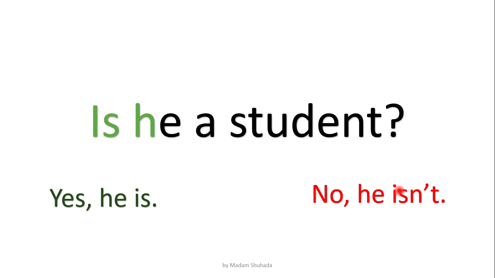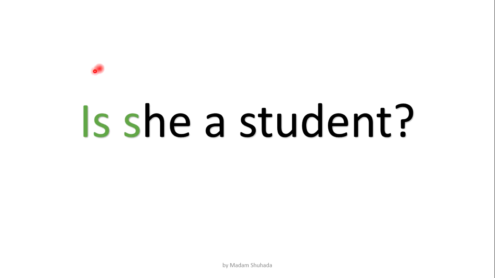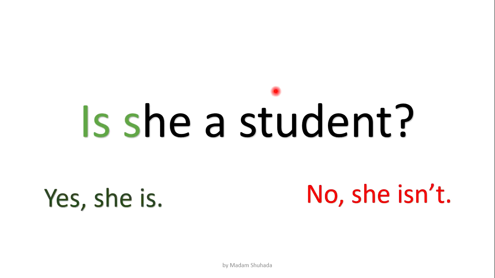No, he isn't. Again, we start with the be verb, is, followed by the subject and the condition. Is he a student? Is she a student? Yes, she is. No, she isn't.